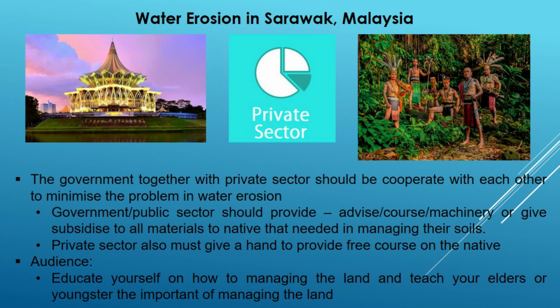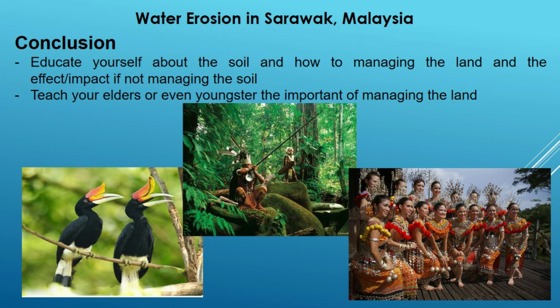The audience of this online course should educate themselves on how to manage the soil and the land, and teach their elders and youngsters the importance of managing the land. As a conclusion, everyone has a responsibility to the land, because land is a source of our food and very dear to everyone, especially us humans.